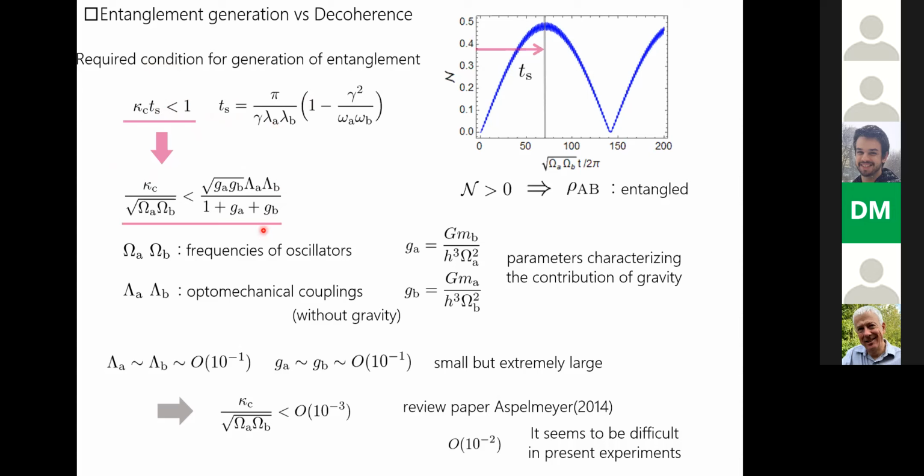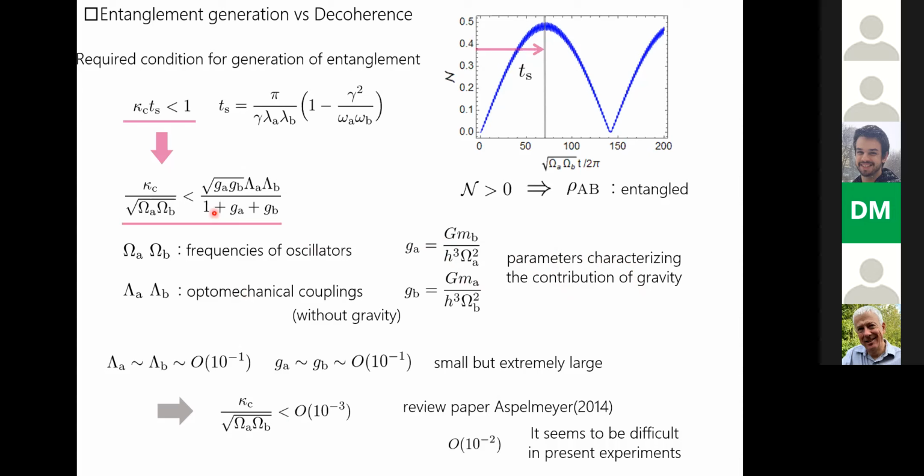For such parameters, the inequality is given in this form, where the capital omega A and omega B are the frequencies of oscillators determined by only the spring attached to the mirrors. The capital lambda A and lambda B are the original optomechanical couplings without gravity. G and GB are the parameters characterizing the gravitational coupling.